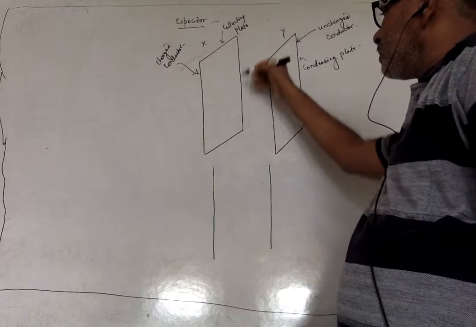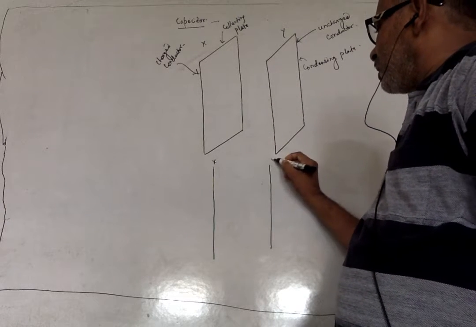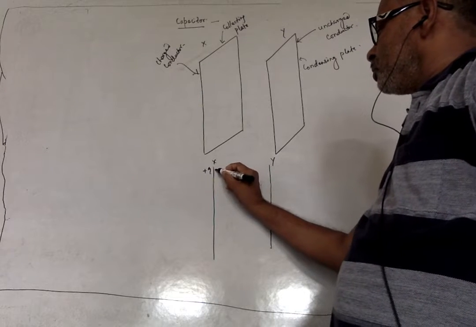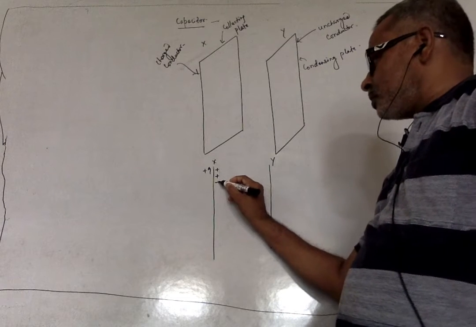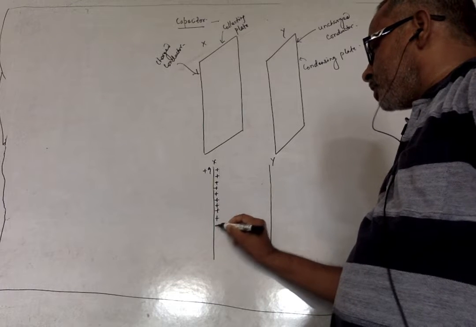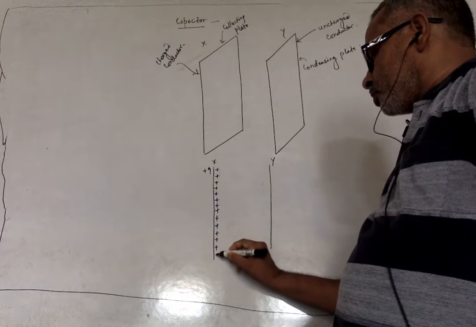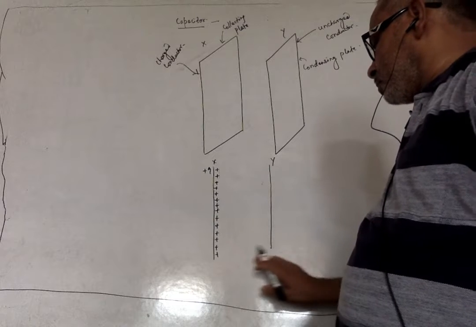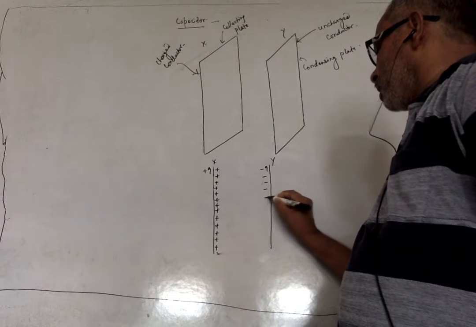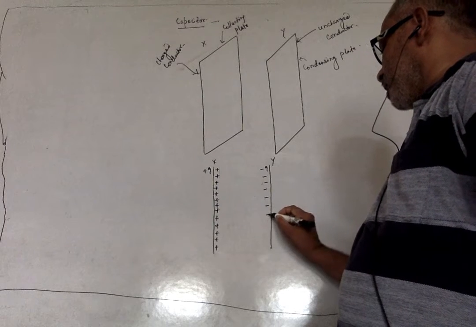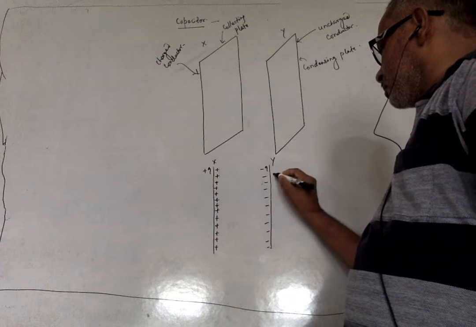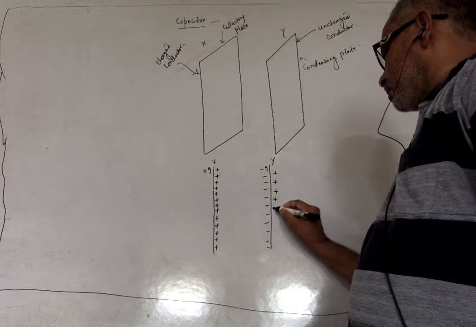In the next figure, this is represented by the line. The charge Q is given to the collecting plate. Due to this charge, the same amount of negative charge is induced on the inner surface of the condensing plate and positive charge is induced on the outer surface, which is being earthed.